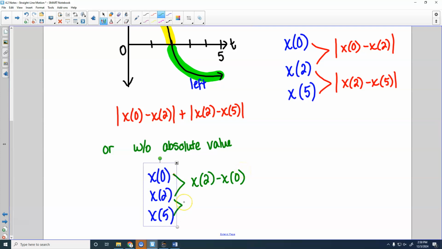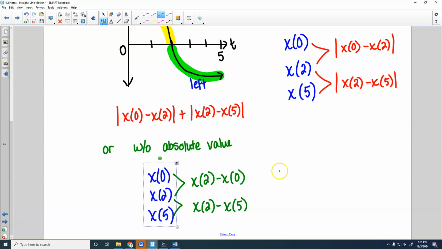That would give us a positive number, right? But what about from 2 to 5? Which direction do we go from 2 to 5? We go back left, so x of 5 is going to be smaller than x of 2. So we would do x of 2 minus x of 5. That would give us a positive value. If absolute value bars are an option, you don't have to think about it. You just subtract and put the absolute value bars there. But I think the question did not have absolute value bars, if I'm remembering correctly.